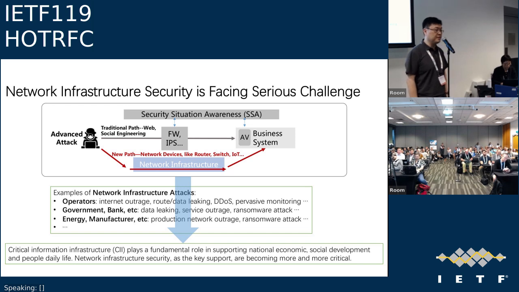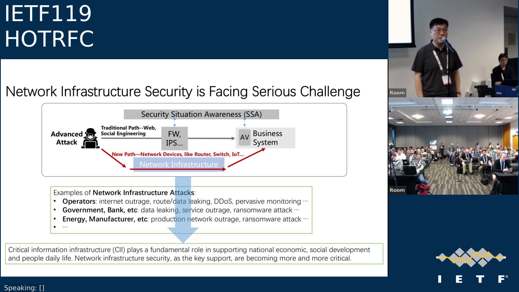We think this is the trend. We can see a lot of examples where very big infrastructure providers, like operators, governments, banks, energy companies, or manufacturers, all face different kinds of risks because their network infrastructure is being attacked.